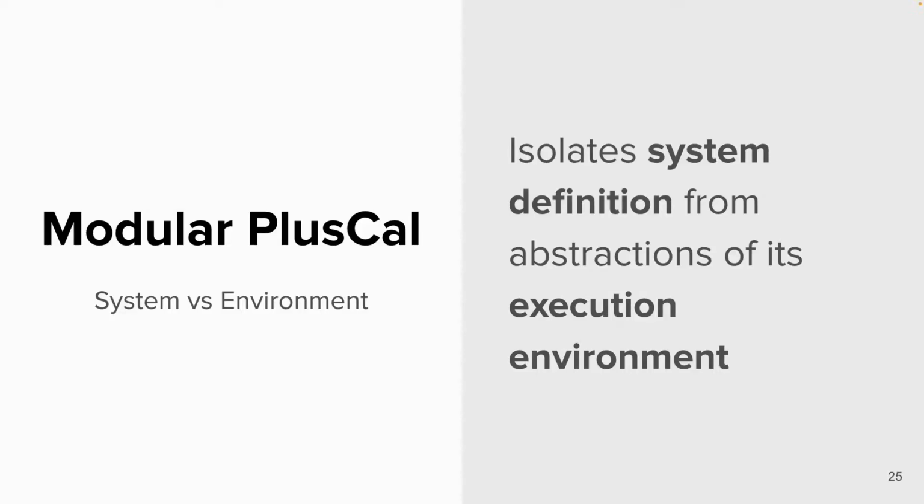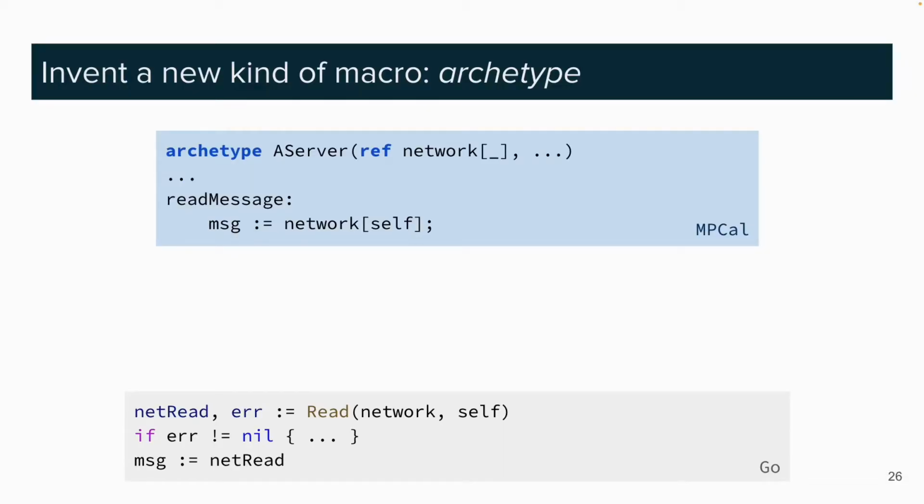So our solution is the MPCal language, and the main idea of the MPCal language is separating the system definition from its environment. So for doing that, MPCal introduces two new kinds of macros. The first one is called an archetype. Archetypes are processes that only contain the system definition.